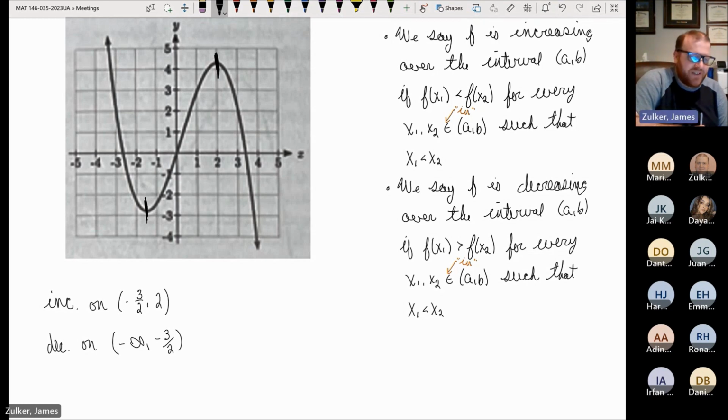It doesn't stop at 3.5, does it? It'd be 2 to infinity as well. So yes, I agree. It starts decreasing at 2 again, but it's going to continue to decrease forever, right? So 2 to infinity. But it's also decreasing from negative infinity to negative 3/2. So there are actually 2 intervals on which we have decreasing.